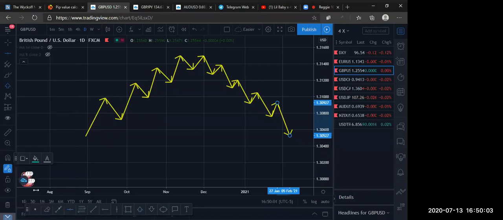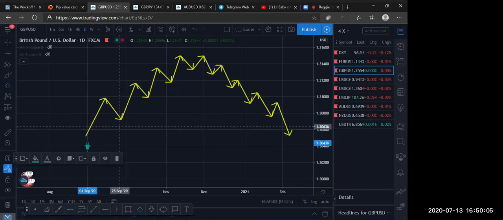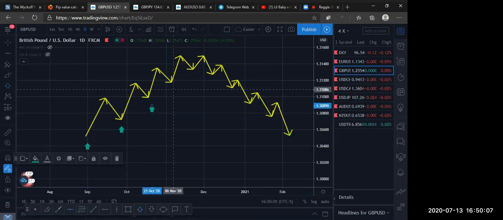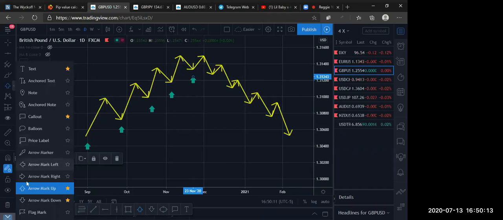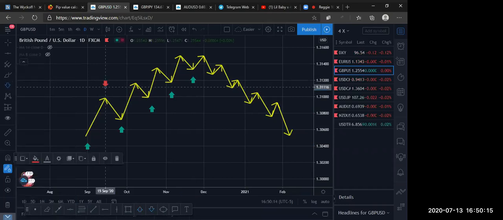You make this right here. So this is a low, higher low, higher low, higher low, and then higher low right here. And then with the highs, you got higher high, higher high, higher high. And then right here, you got your same high. You got your double top.